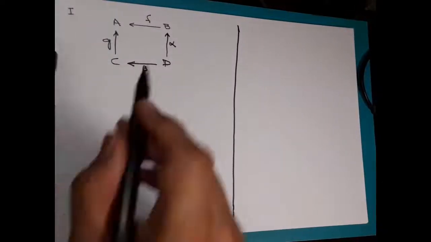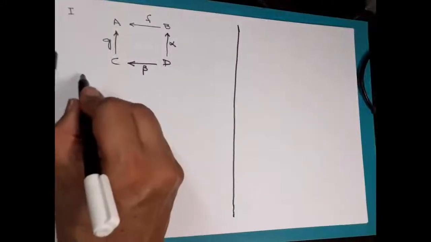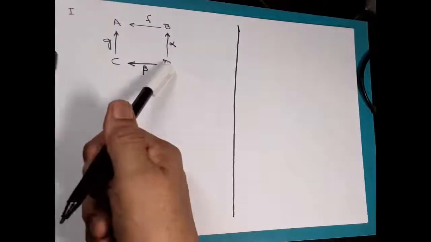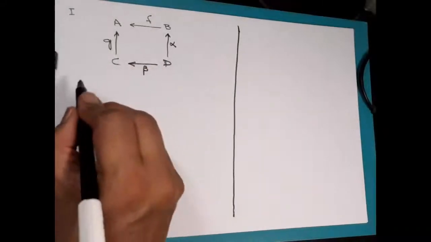So in a category C, this particular diagram has to satisfy two conditions in order to be a pullback diagram.